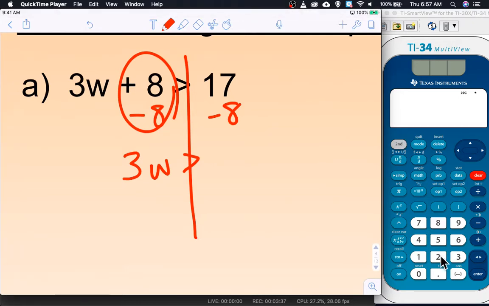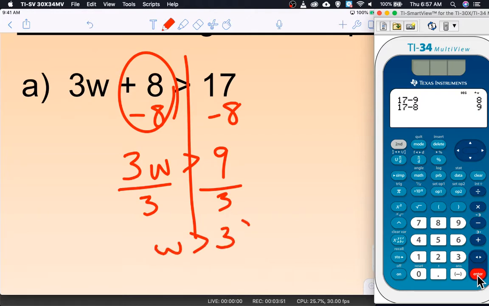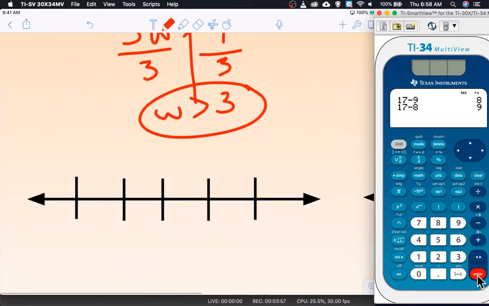17 minus 8 should be 9, but my brain's not working. It's not even 7 in the morning yet. Oops. But that actually does confirm my answer. 17 minus 8 would be 9. All right, and I divide by 3, I divide by 3. W is greater than 3. I'm going to go fast because we don't need to go slow at this point. Hopefully, we're good and you know how to solve an inequality like an equation.